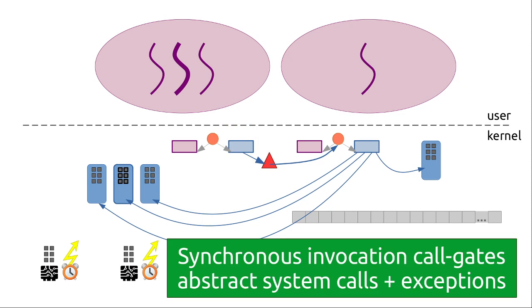So, what are we doing? We essentially take synchronous invocation call gates as the abstraction to abstract away both system calls and exceptions, and instead allow both of those to be dealt with at user level in other components. So this is starting to look like a component-based system where we're enabling the invocation of specific functions in interfaces.